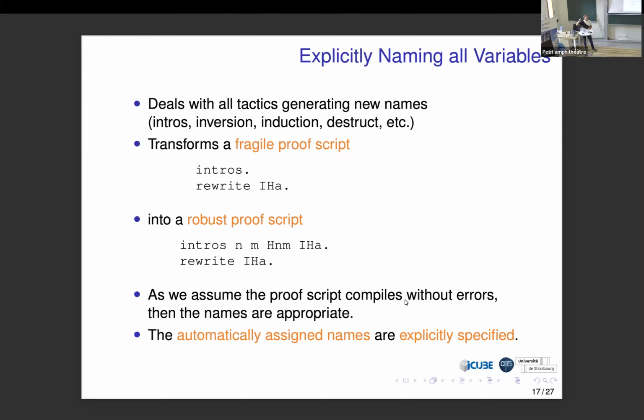And if you call it entier instead of nat, then everything that's generated automatically, which used to be N something, is E something.